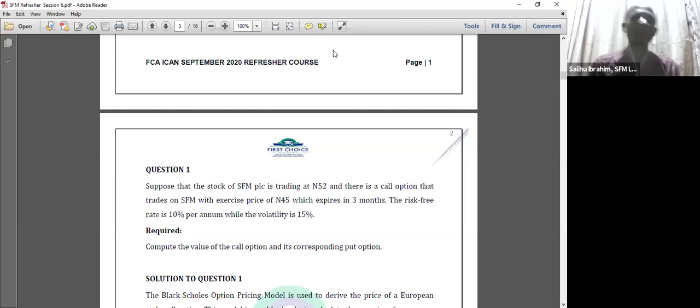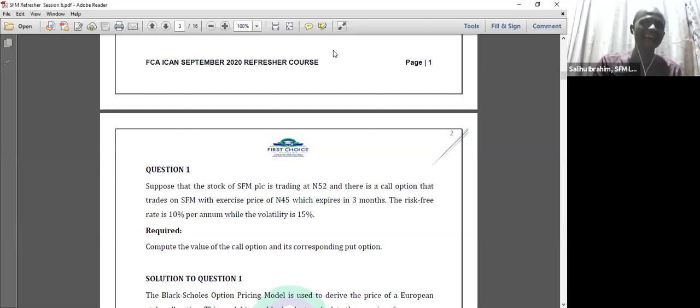Now, the price you pay, like I said earlier, to acquire that option is the option premium. That option premium represents the value of the option at the inception. At the inception means currently, as at when you enter into that option contract, the value of the option is the option premium.